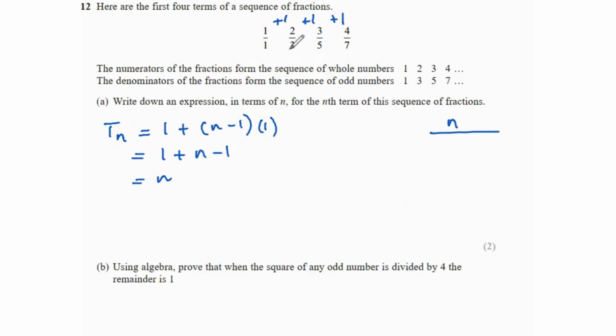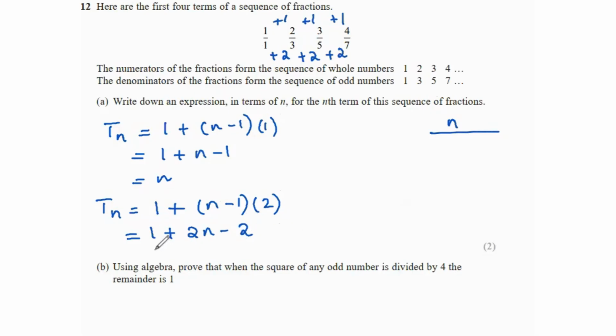Now for the denominator, the common difference is 2. Each term is increasing by 2. Same thing. First term is 1 for the denominator plus n minus 1 times 2. 1 plus 2n minus 2. 1 minus 2 is negative 1. So 2n minus 1 is the nth term for the denominator.